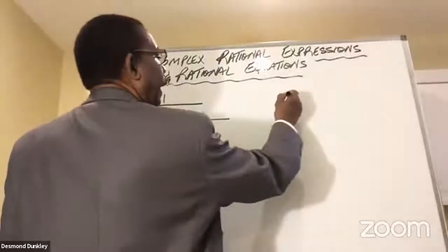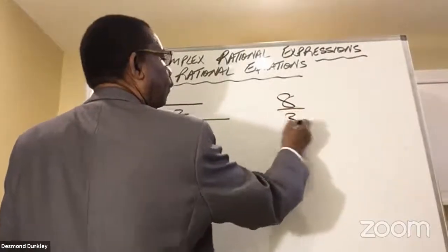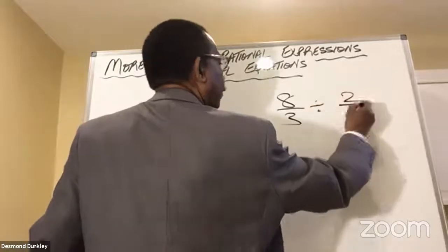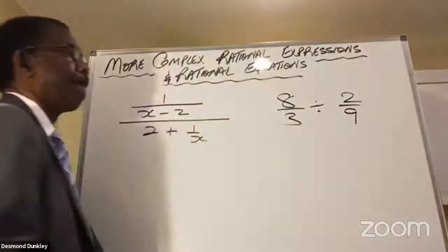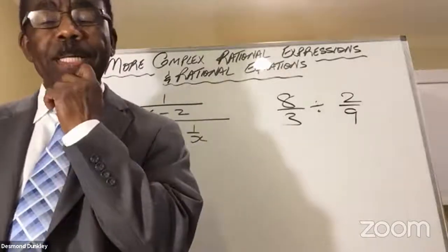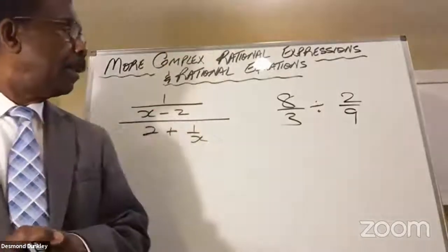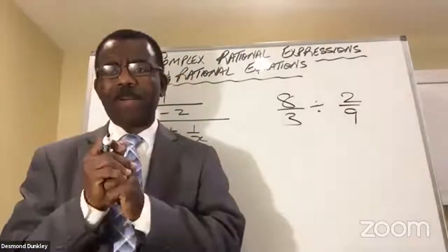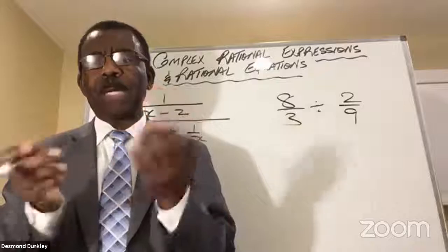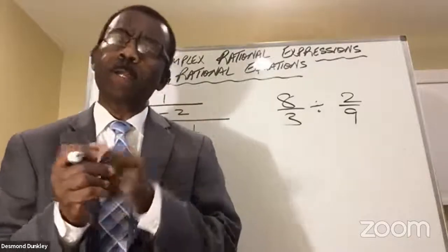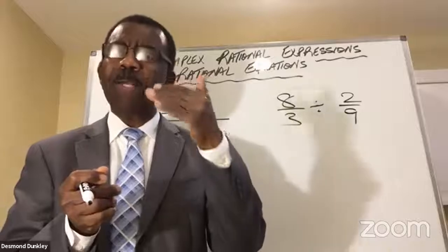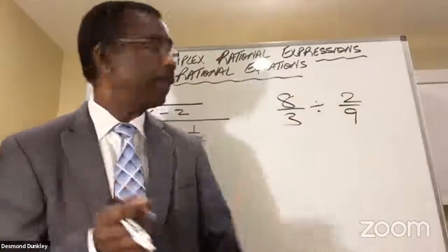If I gave you 8 over 3 divided by 2 over 9, many students would have trouble with that without a calculator. And I'm saying to you, we need to be able to do the math without a calculator, or at least, if we're going to use a calculator, understand how the calculator processes the question.